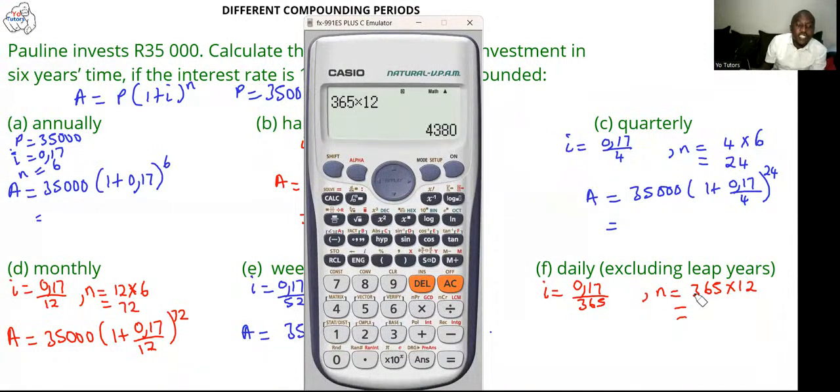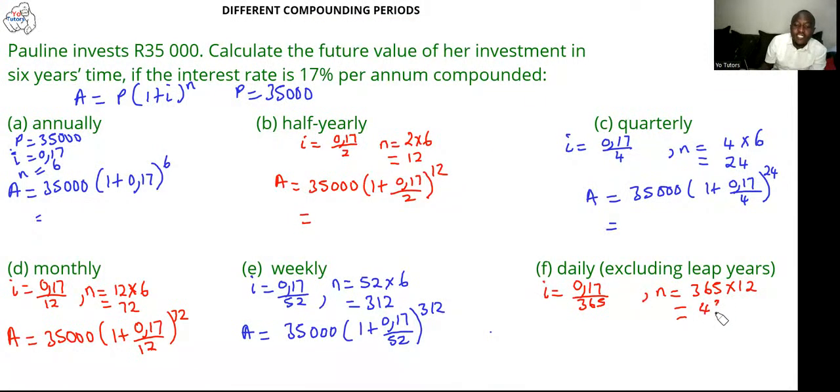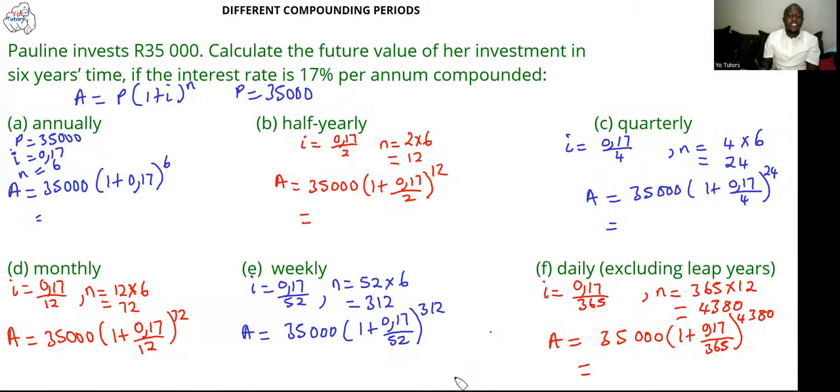We get 2,190. That becomes our n. So when calculating the accumulated amount, it's going to be 35,000 in bracket 1 plus 0.17 over 365 to the power of 2,190. Now let's punch and get the values there.